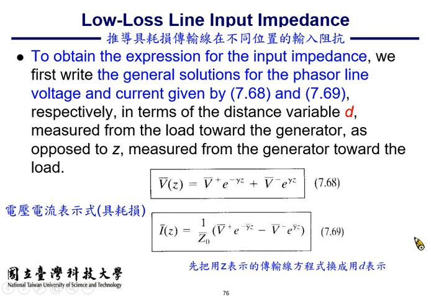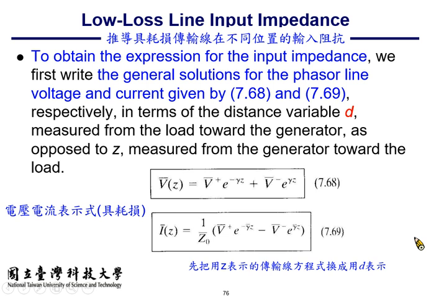To obtain the expression for the input impedance, we first write the general solution for the phasor line voltage and current given by equation 7.68 and 69, respectively, in terms of the distance variable d measured from the load toward the generator as opposed to z measured from generator to load. So here we need to change our transmission line equation a little bit.